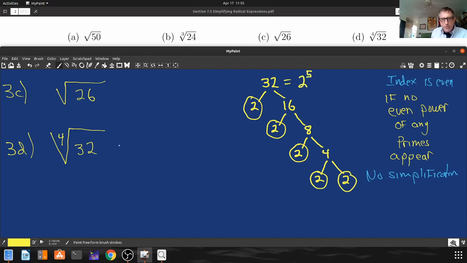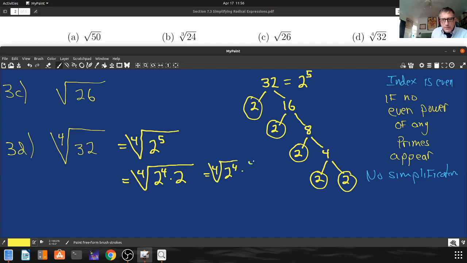And this is the 4th root. So what I want to do is write this as 2 to the 5th, and I'm going to use the trick that I started to do for B. I subtract 1 from 5, so that gives me 2 to the 4th times 2. That's the 4th root of 2 to the 4th times the 4th root of 2.